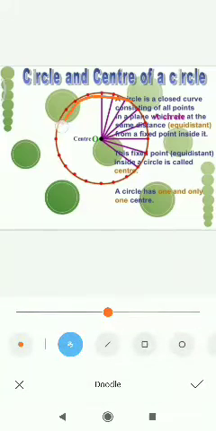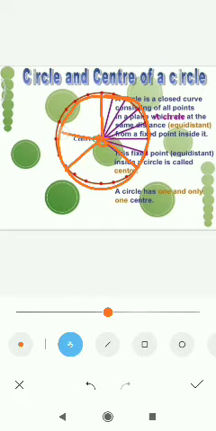This is the circle. This is the center of the circle. So any line drawn from the center of the circle to the circle will be equidistant. That means they will all be of the same measurement, and that forms the radius of the circle.